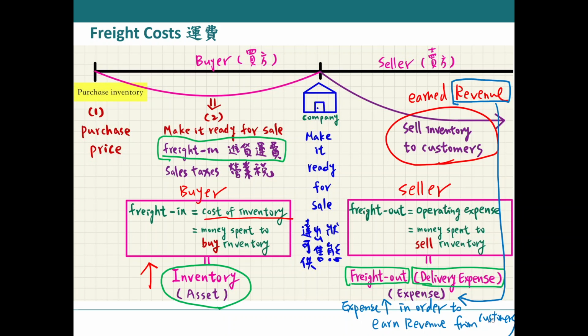But here, when you sell it to customers, you earn the revenues from customers now. The money you pay for the delivery fee, will it help you get a future economic benefit? No, it helps you get a benefit right now, not in the future.